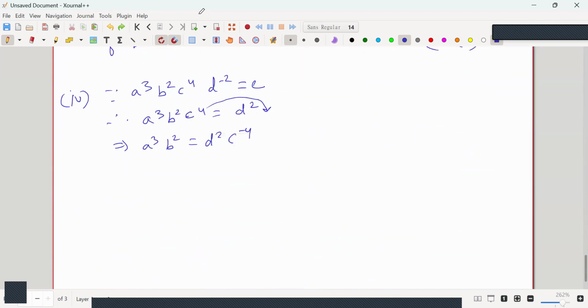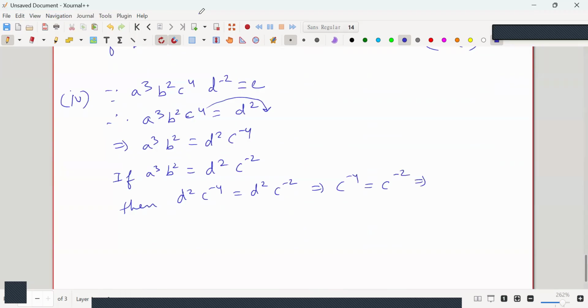So if A cube B square is D square C minus 2, then D square C minus 4 is D square C minus 2, which will imply C minus 4 is C minus 2.